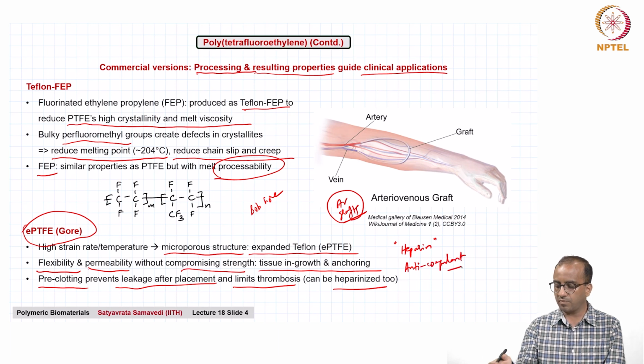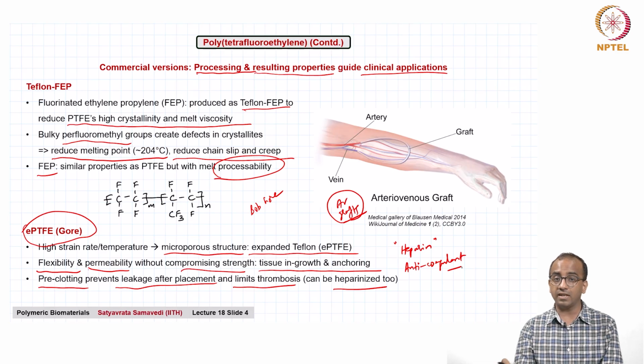And heparin's structure and its properties are things that we will discuss in great detail in a subsequent lecture under natural polymers, but we will simply note here that heparinization is a very common technique to ensure that surfaces do not clot.